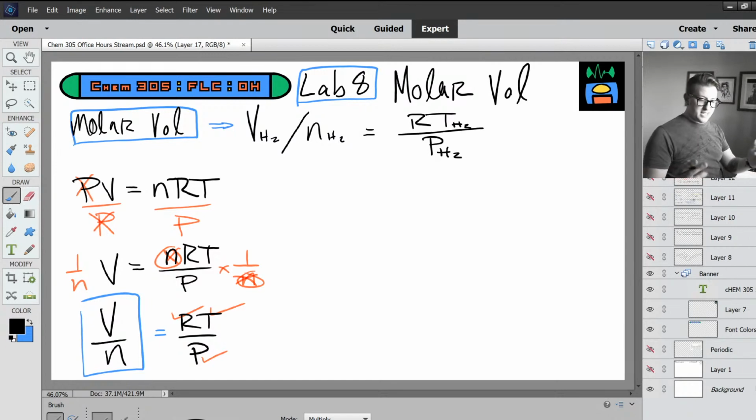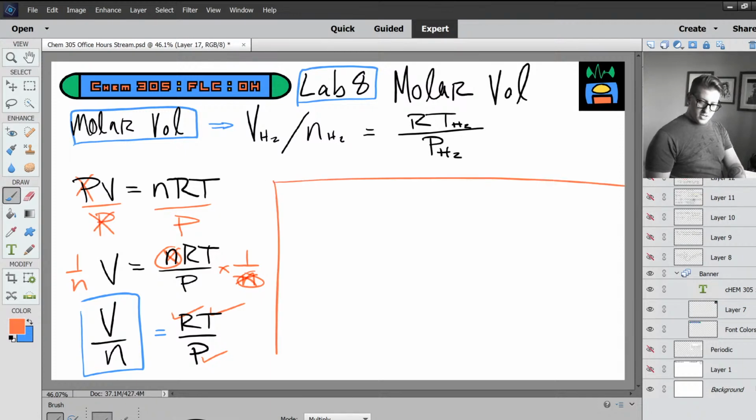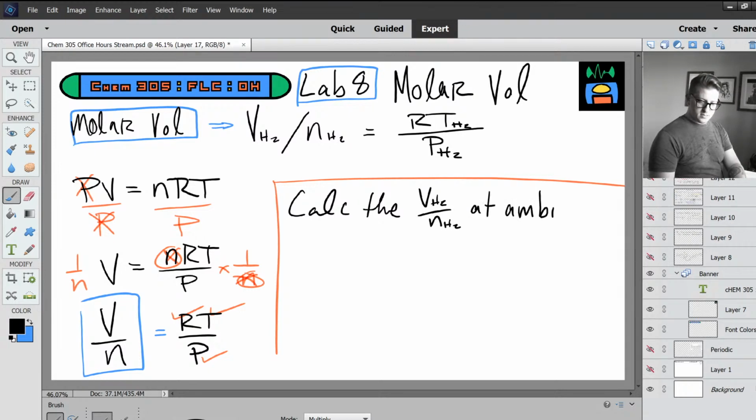In the question itself, the prompt asks us to calculate the molar volume at ambient conditions.